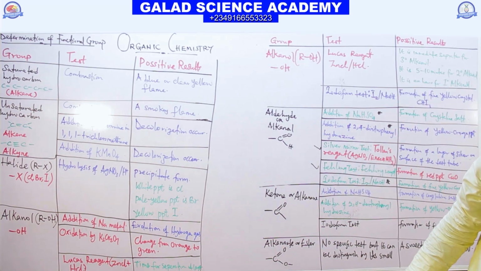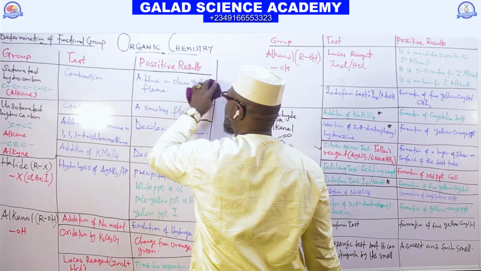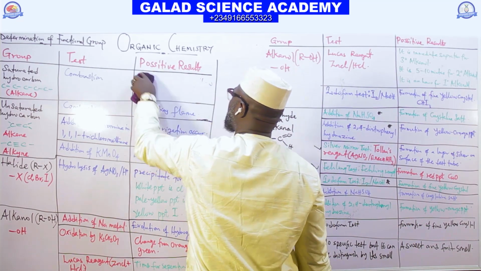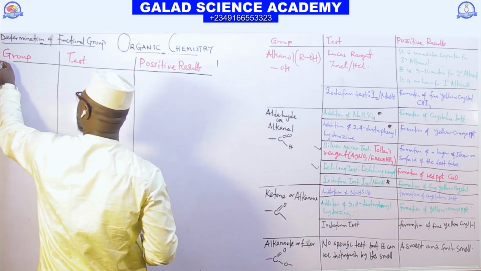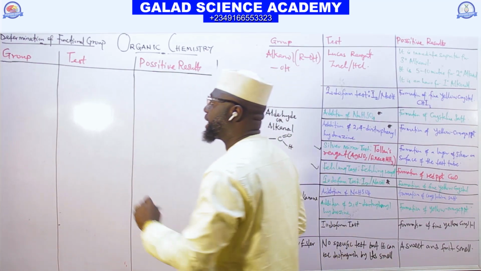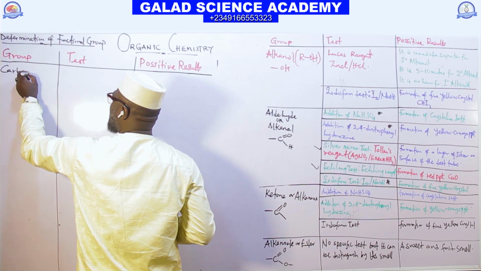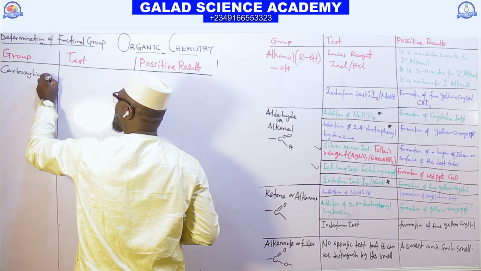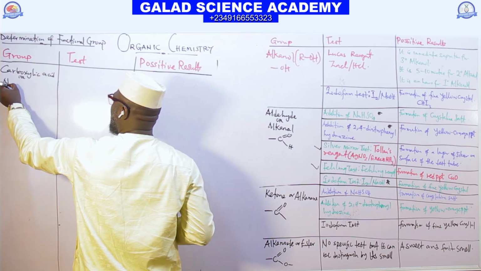So the next organic family will be carboxylic acid, or alkanoic acid.